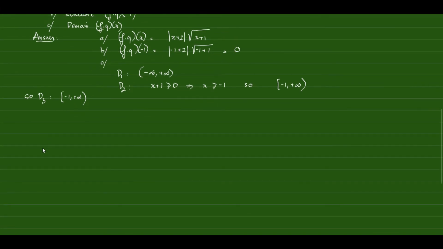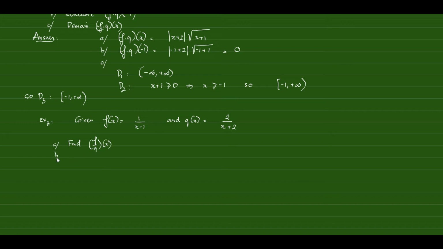Now, what if it's the quotient? What if I give you two functions like that? What if the first function is f of x is again 1 over x minus 1, and the second one, g of x, is another function, 2 over x plus 2. I'm asking you the same thing. First, I want you to find f over g of x.